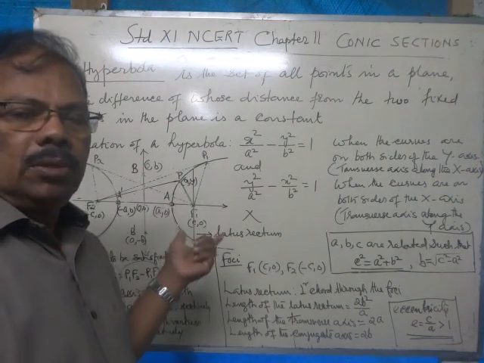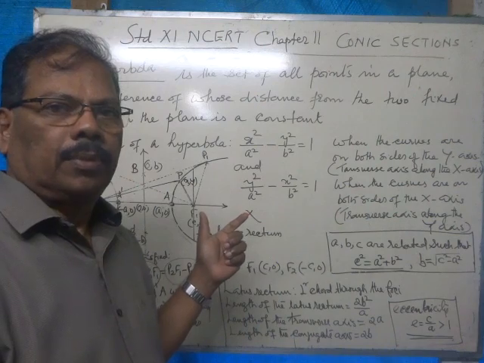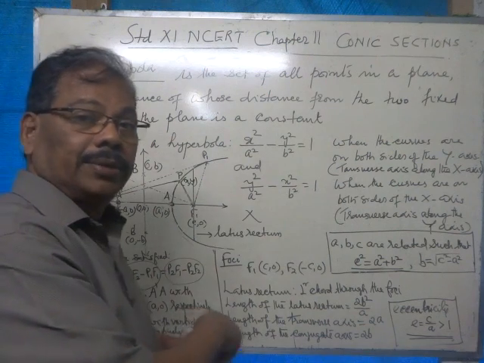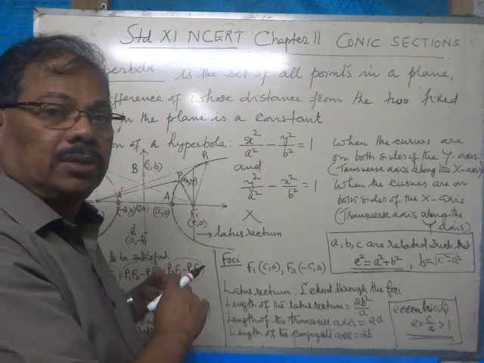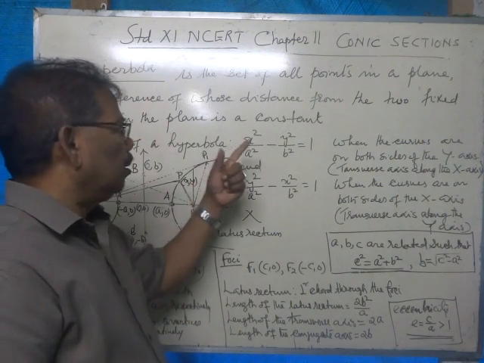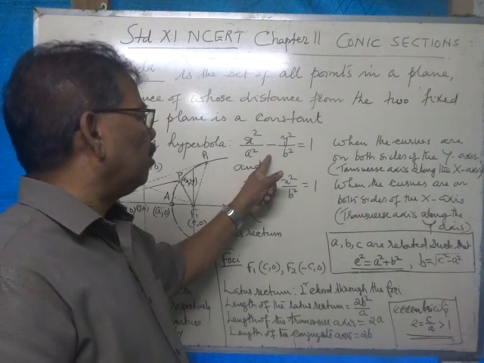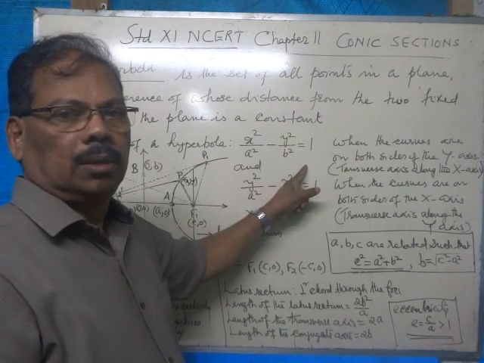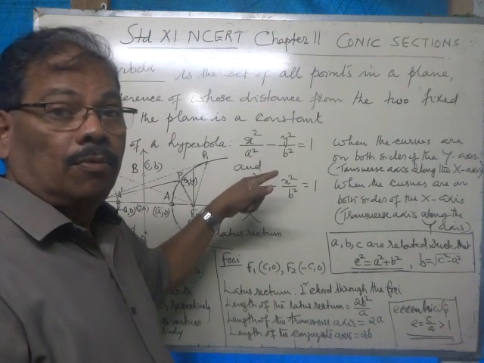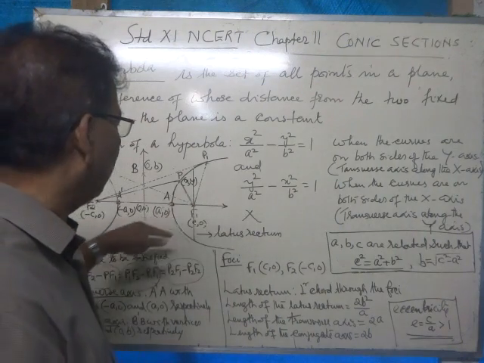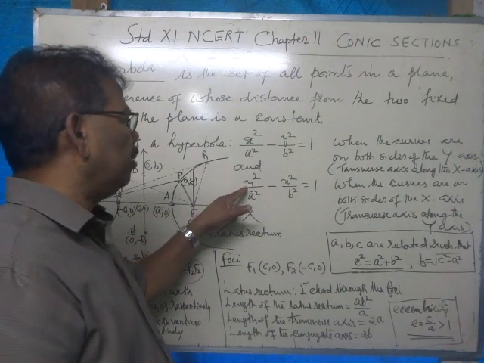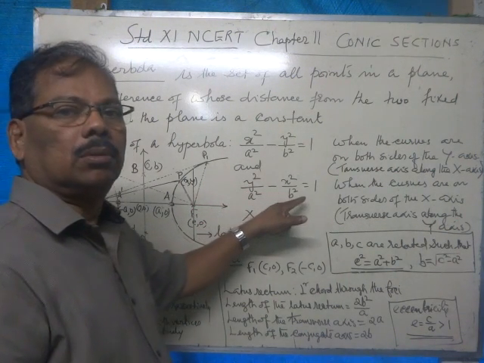So, in the case of a hyperbola which is spread on both sides of the y-axis, that is, the transverse axis along the x-axis, the equation of it is x squared by a squared minus y squared by b squared equals 1. And if the foci are on the y-axis, then the equation will be y squared by a squared minus x squared by b squared equals 1.